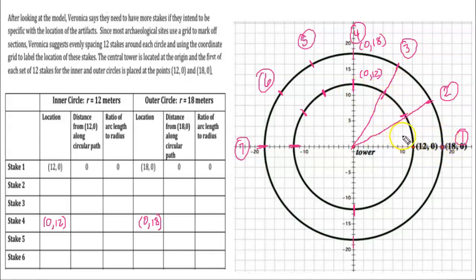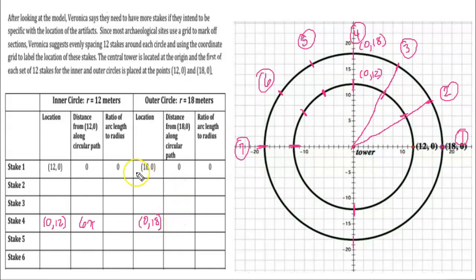So that seems fairly easy. The circumference of a circle is diameter times pi. Since this one has a radius of 12, its diameter is 24, and 24 times pi is 24 pi. And 1/4 of 24 pi is just going to be 6 pi.